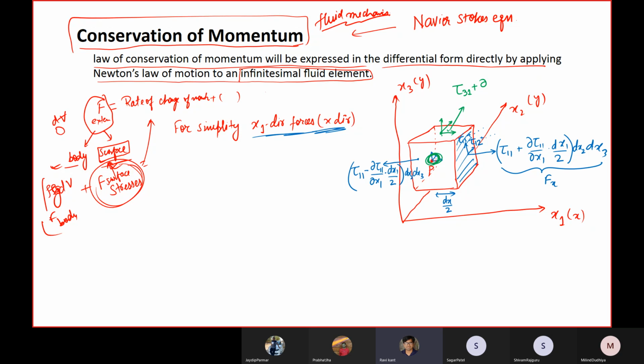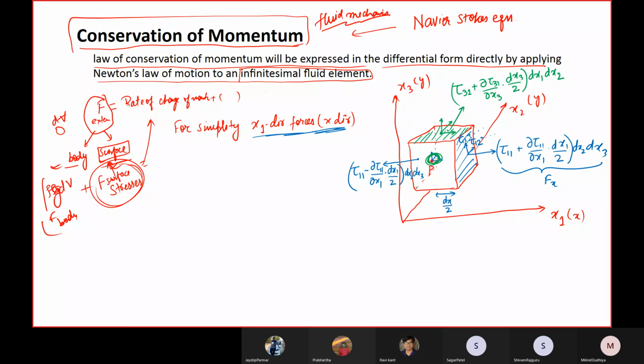At this point the stress will be simply tau 31, but at dx3 by 2 distance, it will be tau 31 plus dou tau 31 by dou x3 times dx3 by 2, as you are traversing in x3 direction. This is your net stress, and for the force you have to multiply with the total area over which the stress is working. This total area is dx1 times dx2, isn't it? So this is your x force on the top.